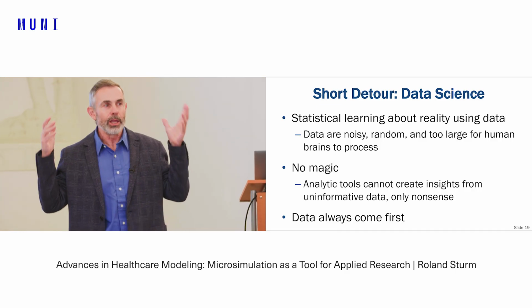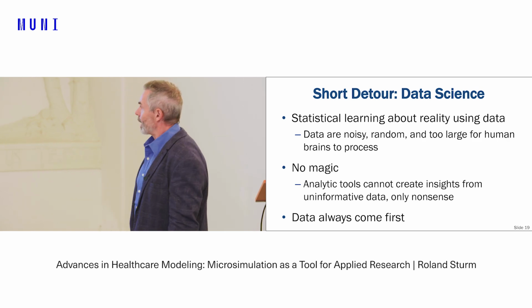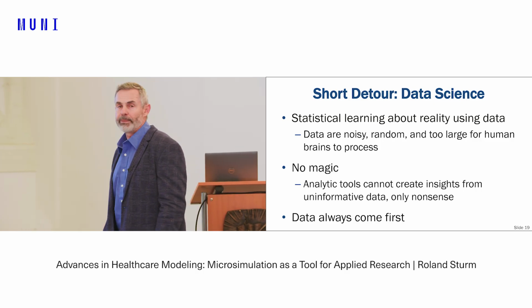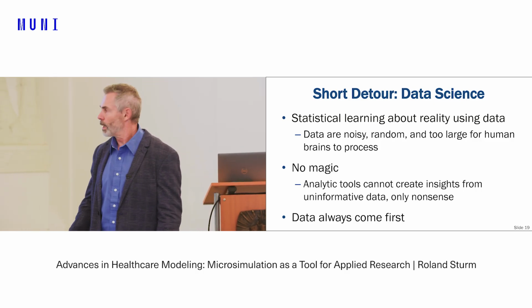There's magic appearing. No, there isn't. Analytic tools cannot create insights from uninformative data. They can create only nonsense. So practice your English. Repeat after me. Data always come first. Yes. And that is really a pretty deep belief I have.